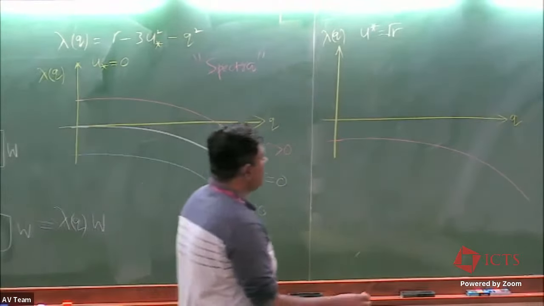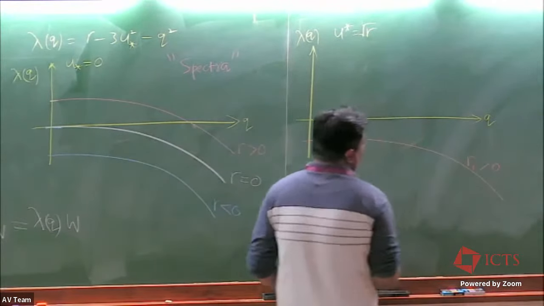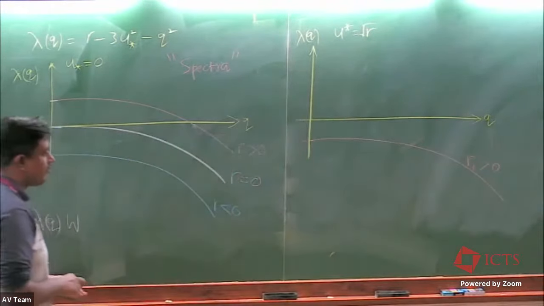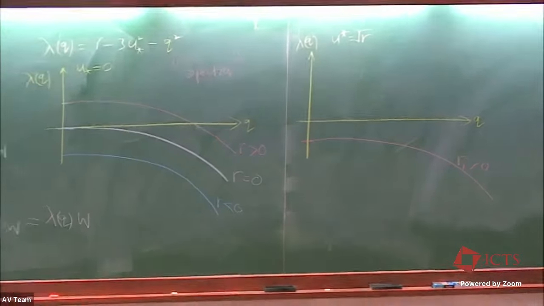So this is for one particular value of R positive. Let's say R1, which is greater than 0. Can you do it for another value of R, which is also positive, and say maybe R2, which is greater than R1? So remember, we have the parameter R, we are tuning it, and I'm trying to ask whether the U star equal to plus minus root R states are stable or unstable to inhomogeneous perturbations.